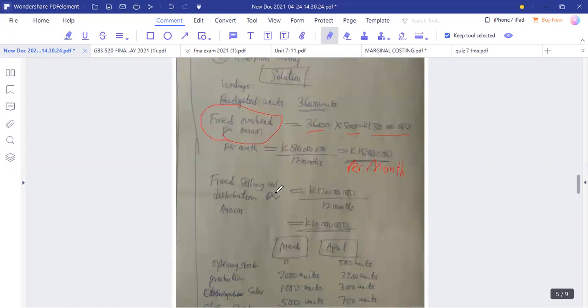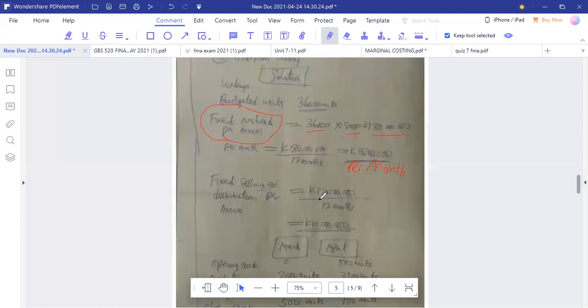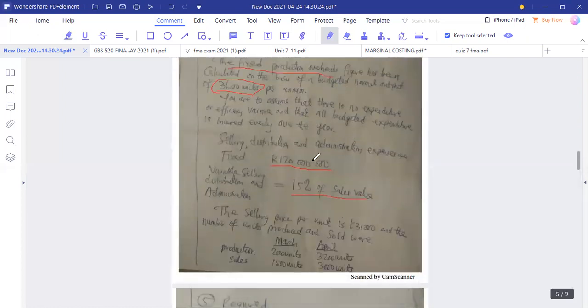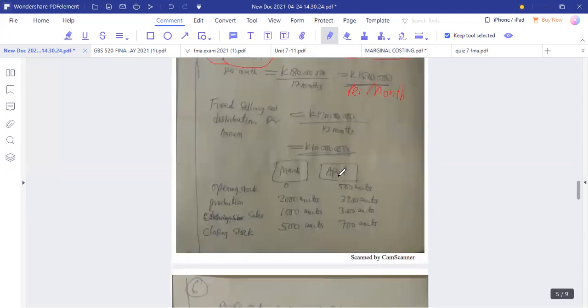Fixed selling and admin per annum is 120 million. It has been stated here. The fixed selling and admin expense are 120 million. So divide by 12, we are getting 10 million. So this is per month now.